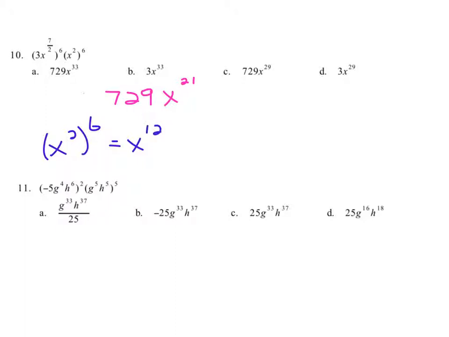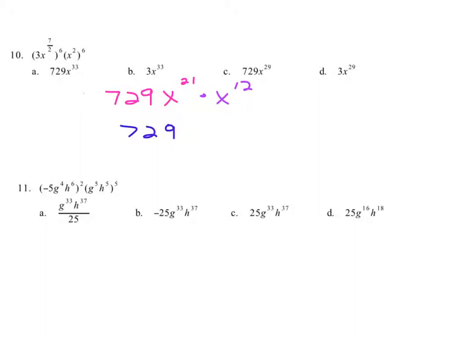Okay, so what we're saying is, we've got 729 x to the 21st times x to the 12th. That is what we get once we deal with the exponents. Okay, now we've got to put it all together. There's a coefficient, I should say, of 1 on x to the 12th, the one in purple. And so 1 times 729, that's just going to give us 729, right?